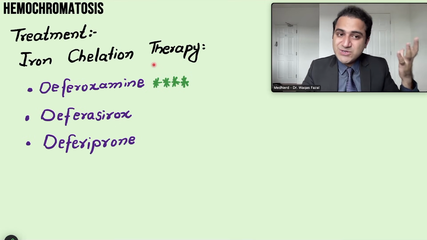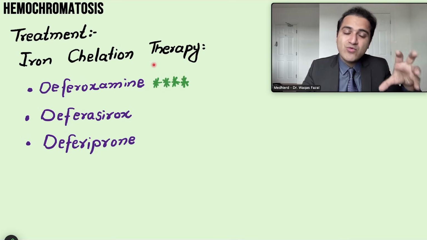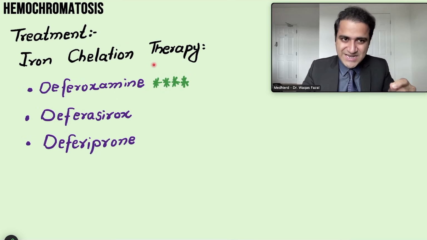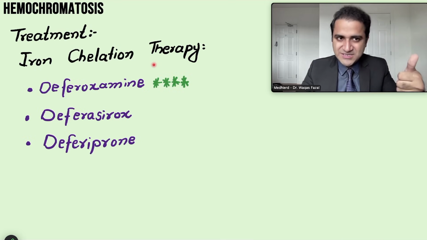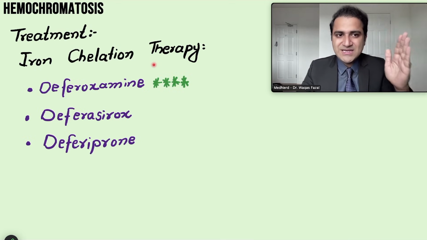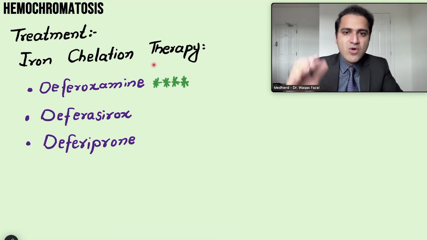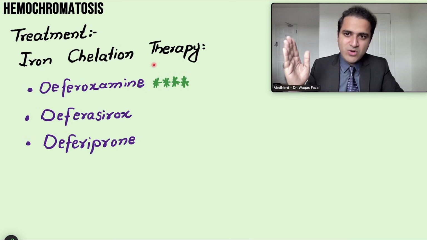So in patients who are already blood deficient, like thalassemia patients, you would do iron chelation therapy as a first line treatment. For hereditary hemochromatosis, the first line is therapeutic phlebotomy. For secondary hemochromatosis in patients with thalassemia, iron overload, iron chelation therapy is the first line treatment.